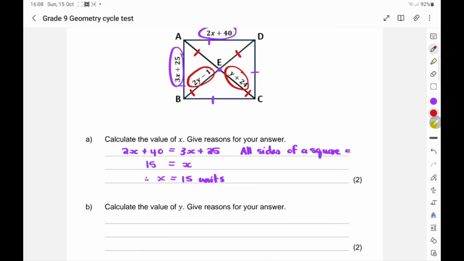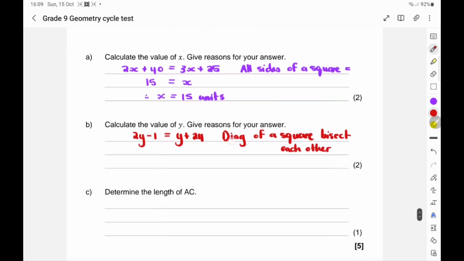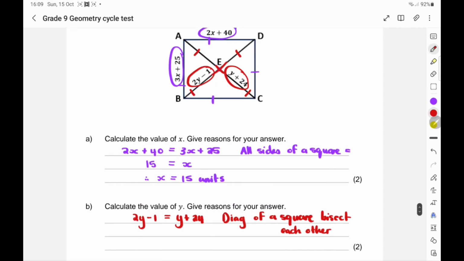So again, like in the previous question, we're going to say 2y minus 1 is equal to y plus 24 because the diagonals of a square bisect each other. Okay, which means they are equal in length to each other. Where they bisect, that side is equal to that side, and the same on this side.